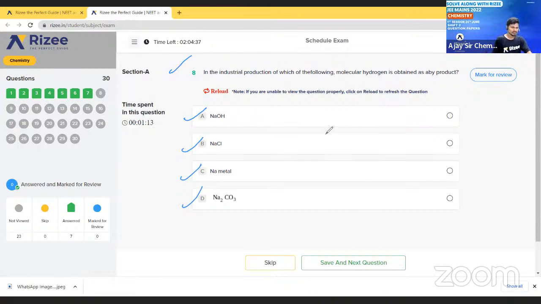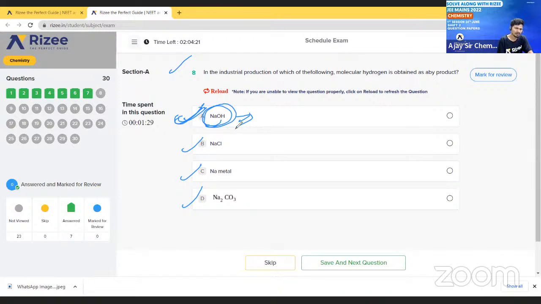Okay, so I will tell. This is also a very simple reaction. The correct option is NaOH. So in the production of NaOH, H2 gas is generally released as a byproduct.